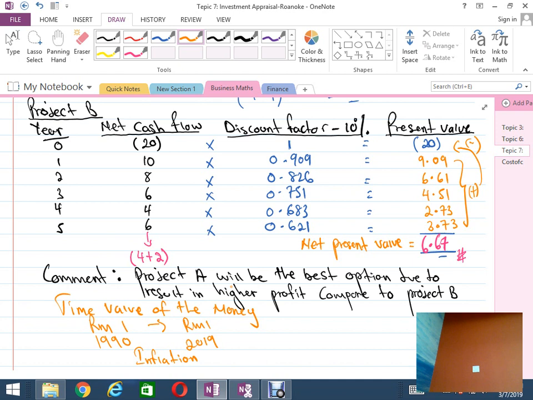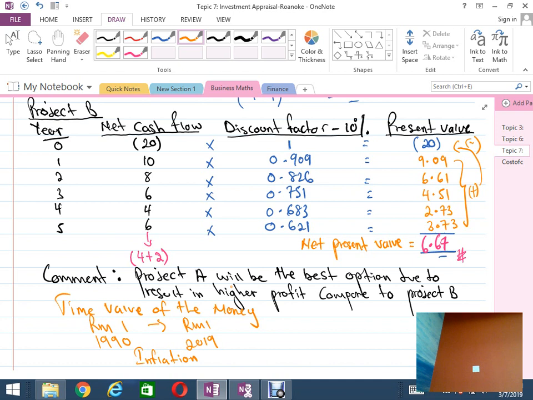So, for project A, now we're doing it for project A. First, NPV becomes the working now. You come up with the year, net cash flow, discount factor at 20%, present value.